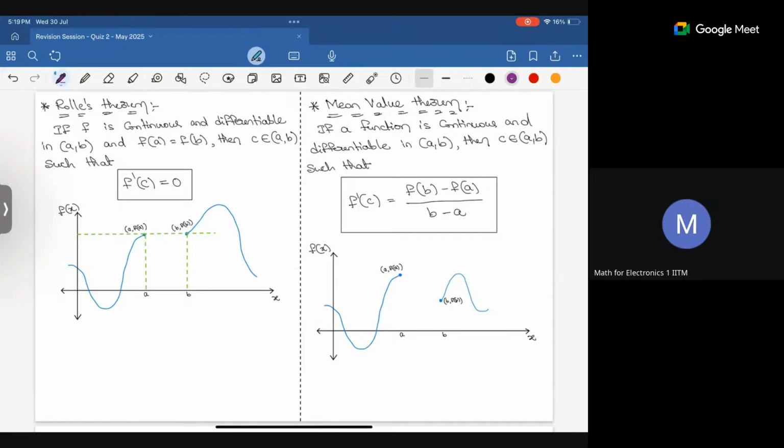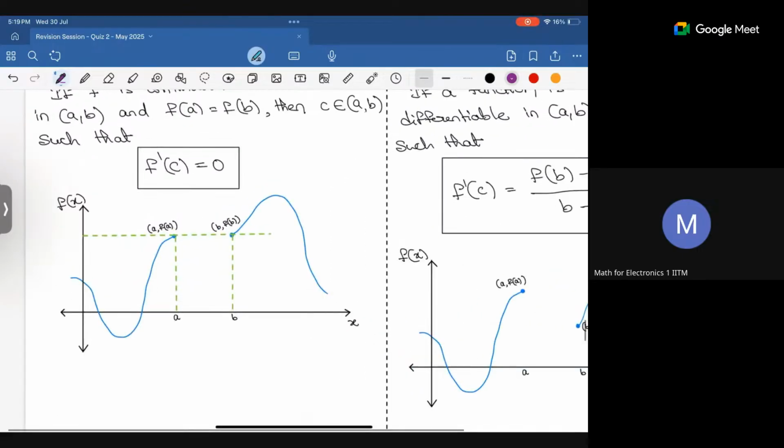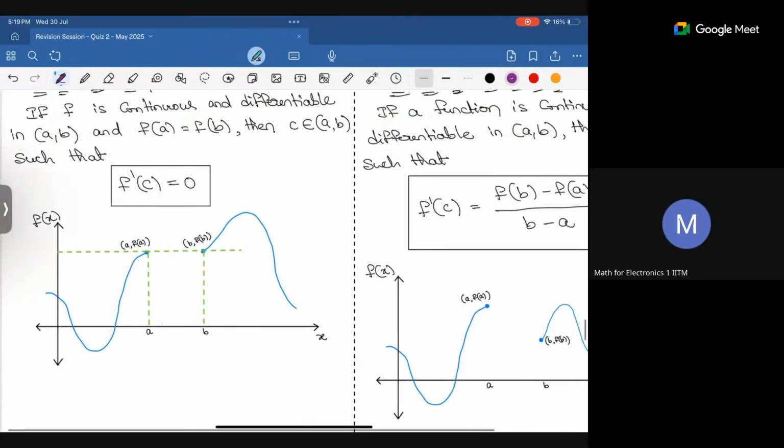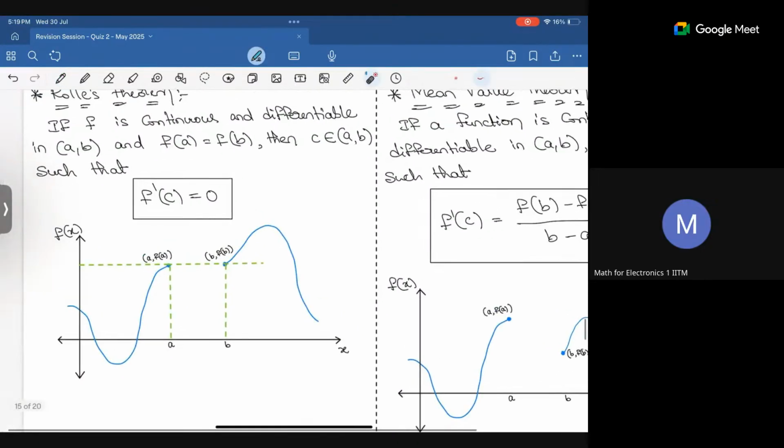What Rolle's theorem states is you have a function f which is continuous and differentiable in the interval ab. Okay, so here is the interval ab. You know that f is continuous and differentiable in this interval. In this region there is the function, but we don't have information about the function.